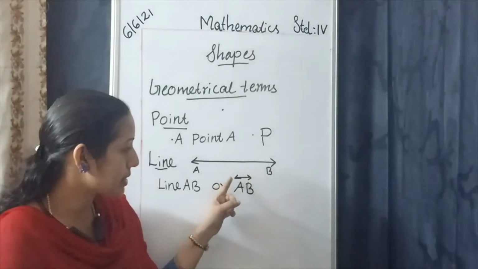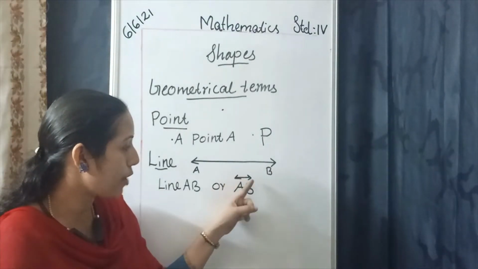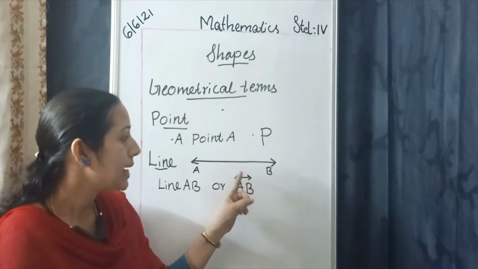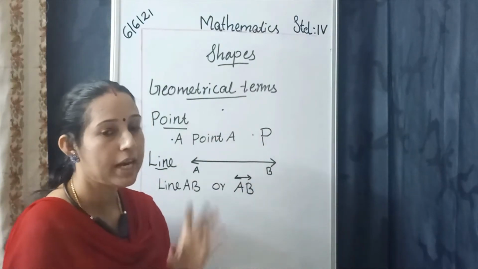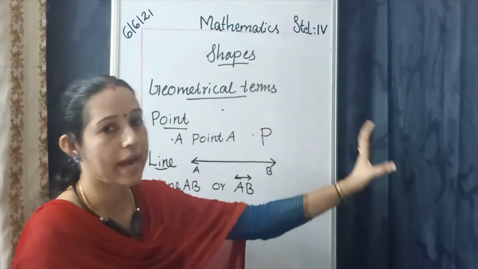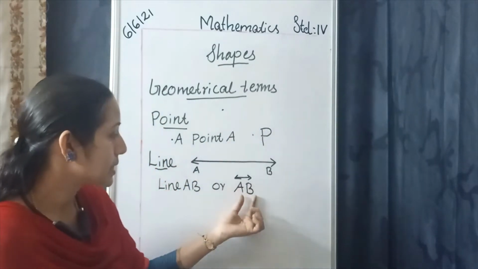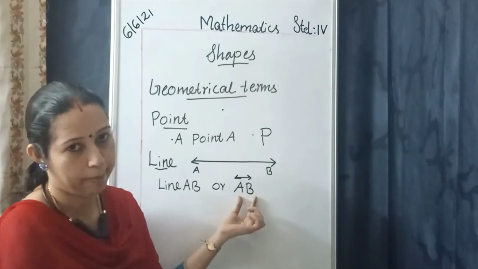If this mark is there, one line and two arrow marks on the two sides, it means it extends on both sides, which means there is no end point. So this is read as line AB.